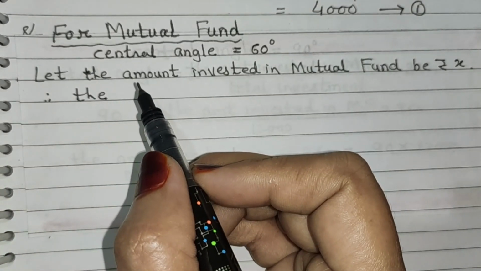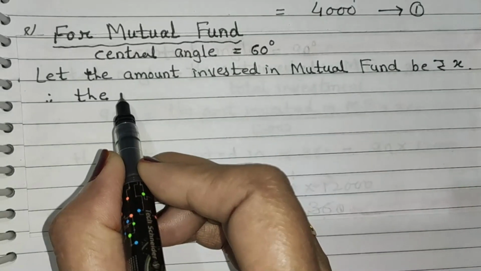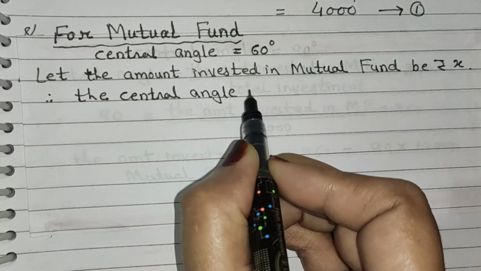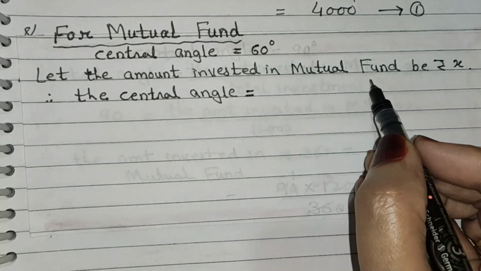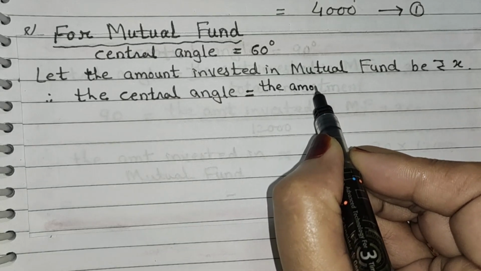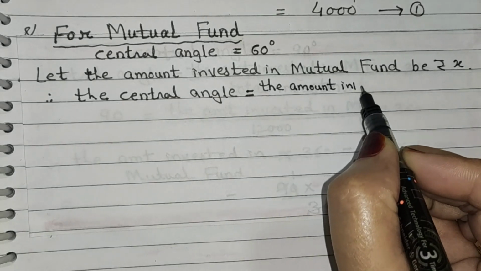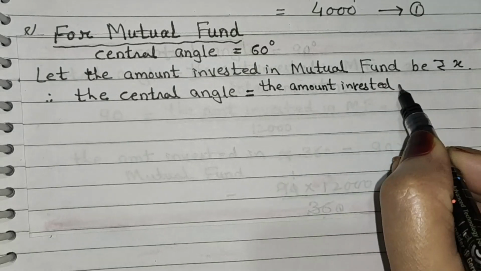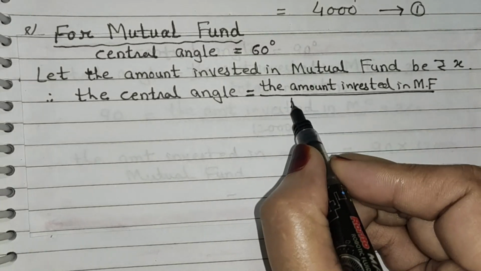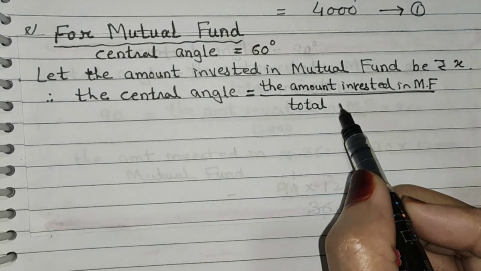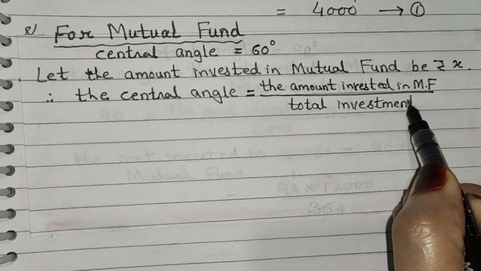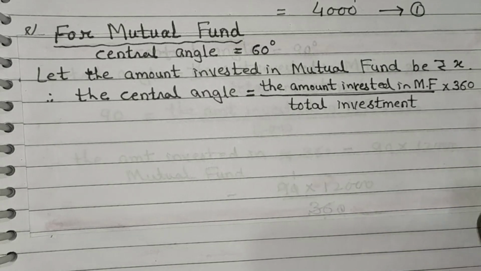Therefore, we know the formula: the central angle for the amount invested in the mutual fund is 60. The central angle is equal to the amount invested in mutual fund upon total investment into 360. It is the formula.